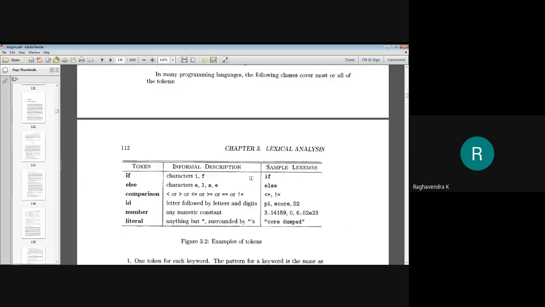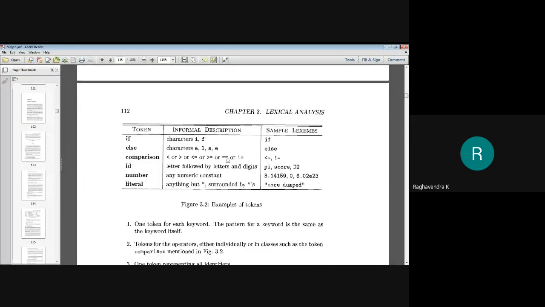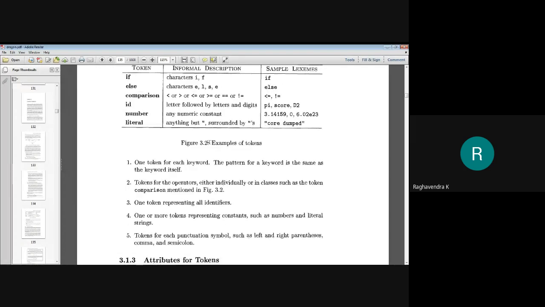For certain things, the pattern and the lexeme remain the same, but the token returned is keyword. For example, if is a token, the lexeme for it is if, and the pattern for it is also if. Like this we can distinguish between lexeme, token, and pattern.